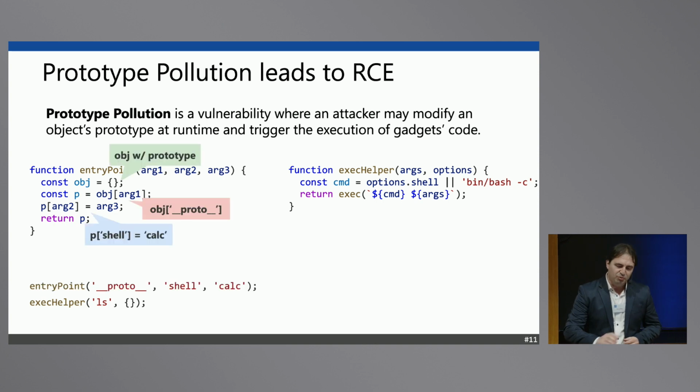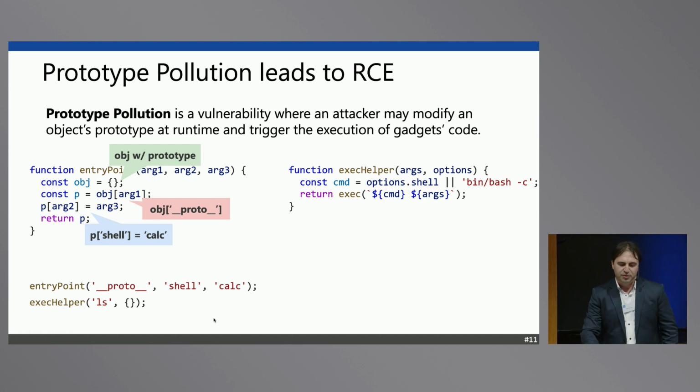So now, what happens if we call this function entry point that I showed you before with slightly different arguments? So what we're doing now is we're going to this superclass through this prototype, and then we are actually defining this property shell to a calculator. Okay? And after that, we have this benign code as we had it before in our system. So what happens in this case?